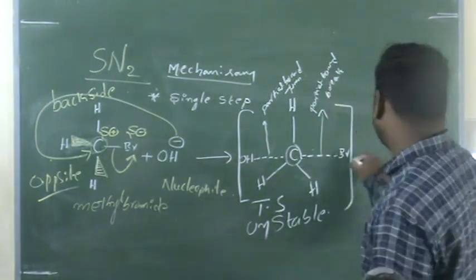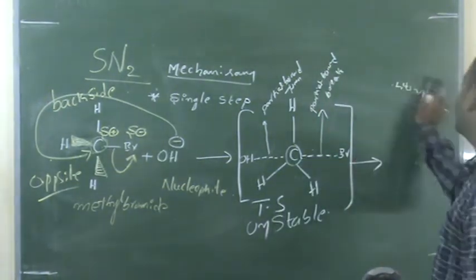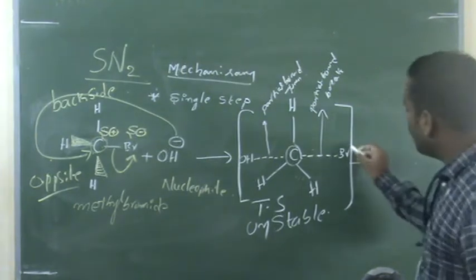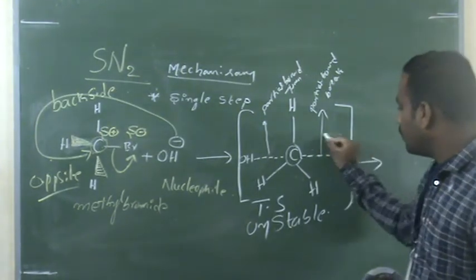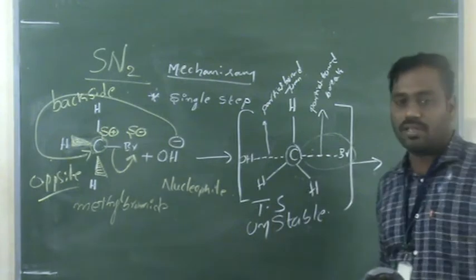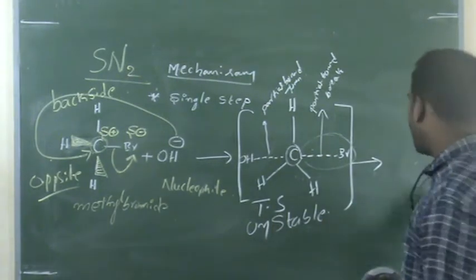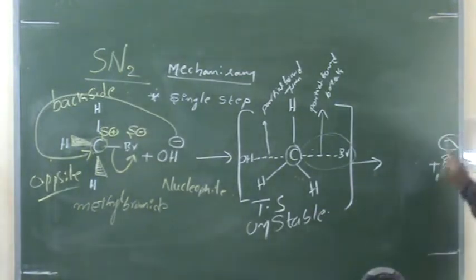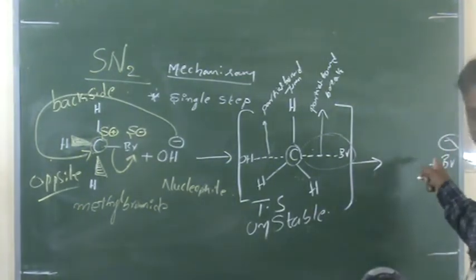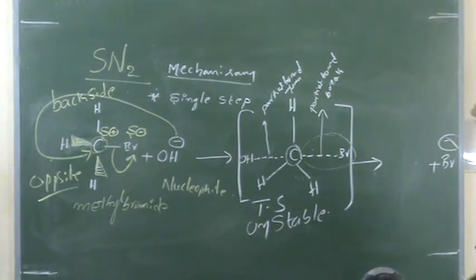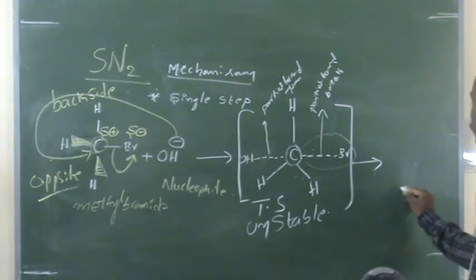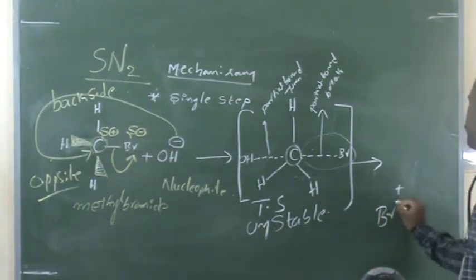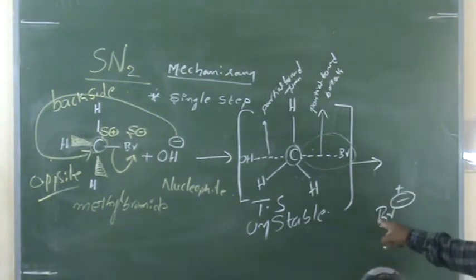Okay. Now finally there is a complete bond break. This one is Br. There was a partial bond break, but now a complete bond break will happen, and there is a formation of Br minus. This is Br minus.